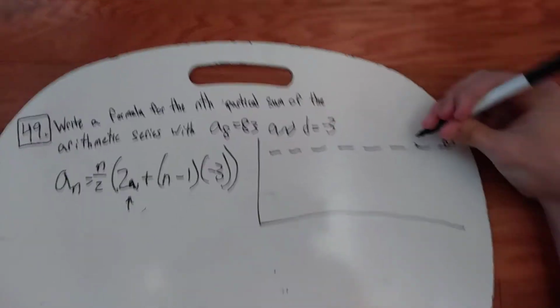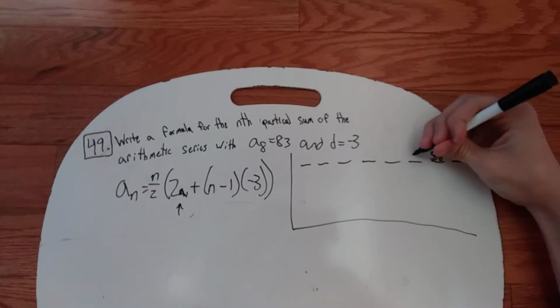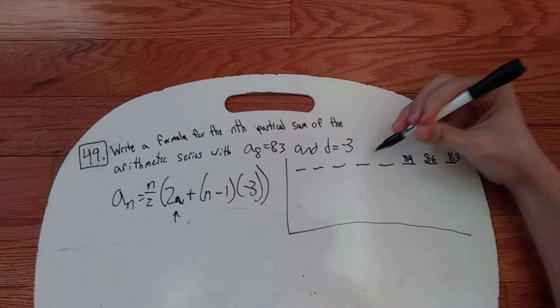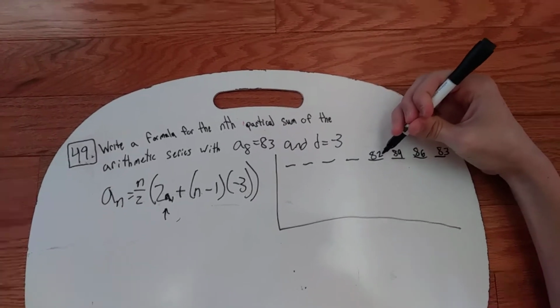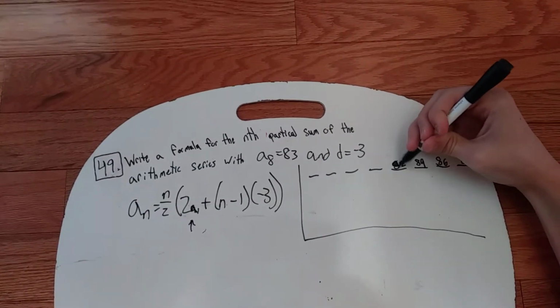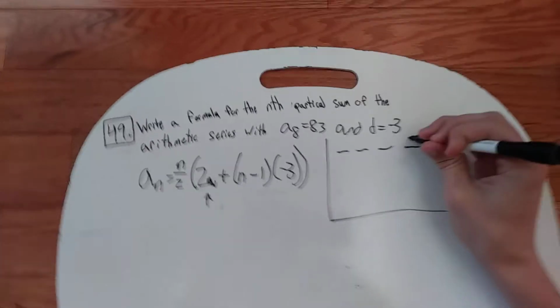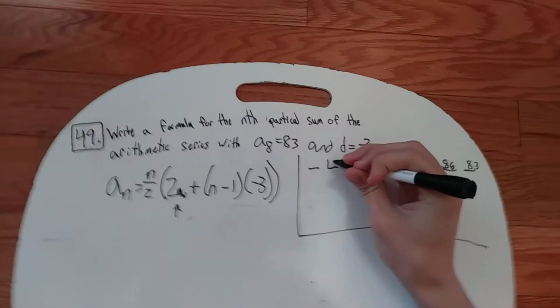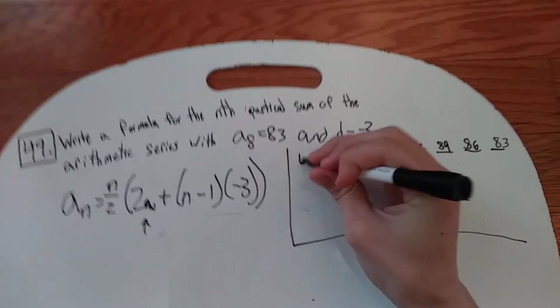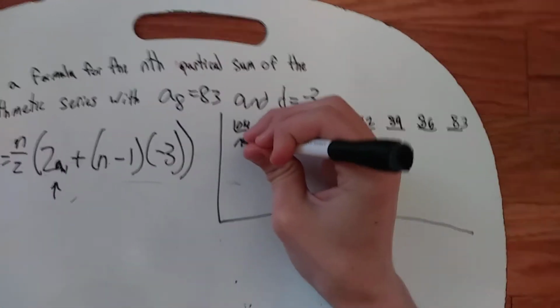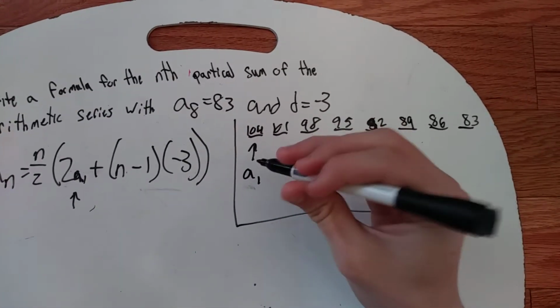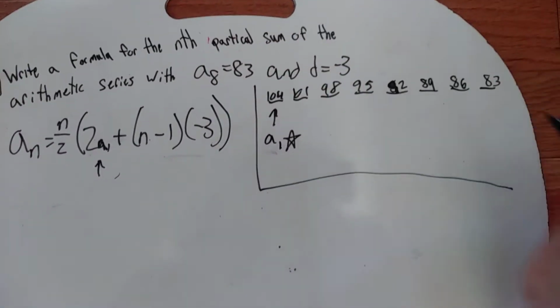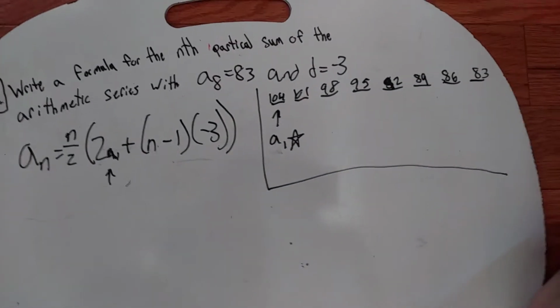So I see you're just adding 3 each time. 92. Yeah. 95. And last time it was 2 and we subtracted. It seems backwards to me, but now I'm understanding it. So 104 is your a sub 1. That is a good way to do it.